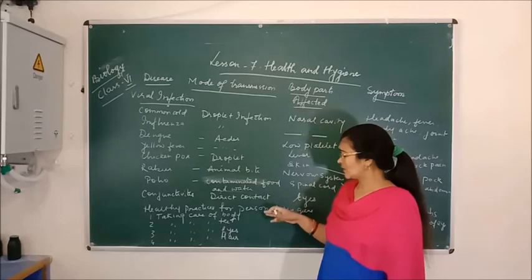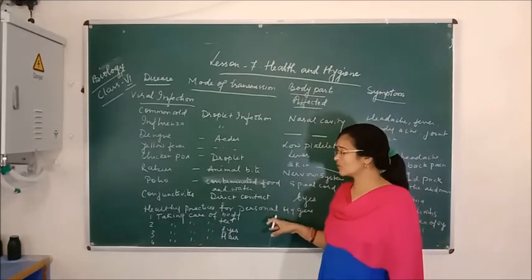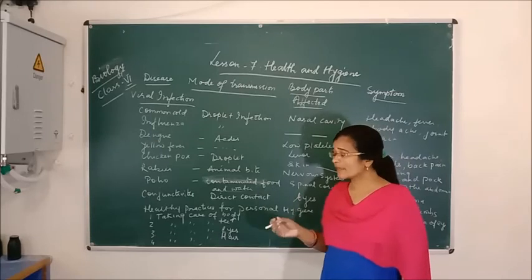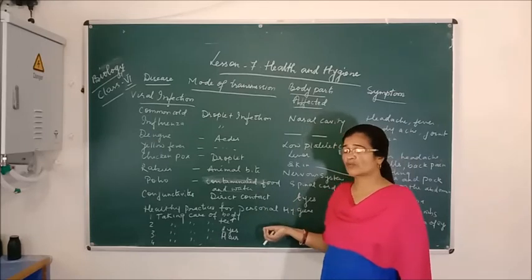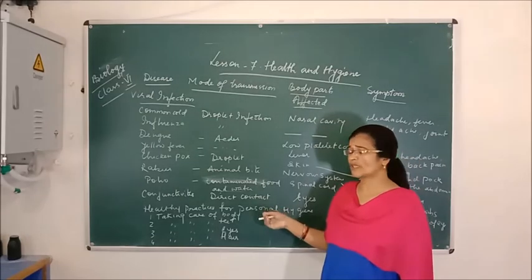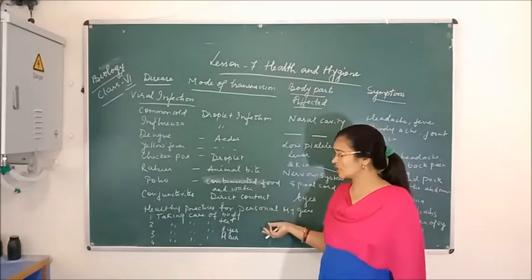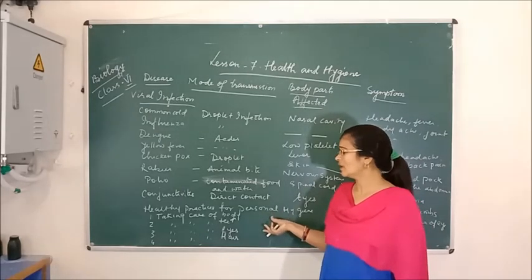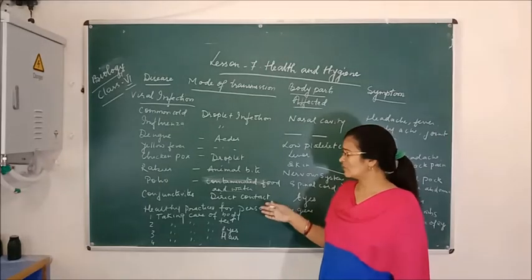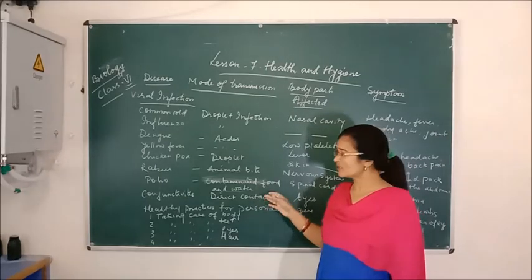If you are sneezing or coughing, you should cover your mouth with a handkerchief. Cutting the nails regularly is also important, because nails contain germs. All these small things you have to follow in daily life, then only we can protect our body from any kind of communicable or infectious diseases.